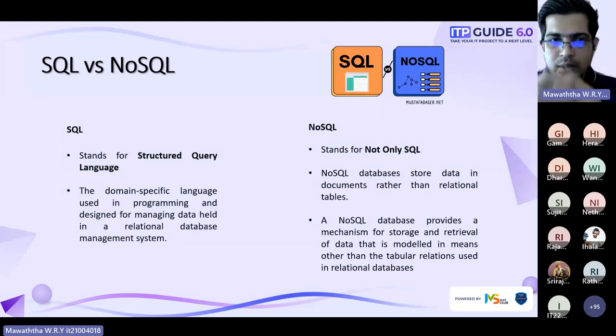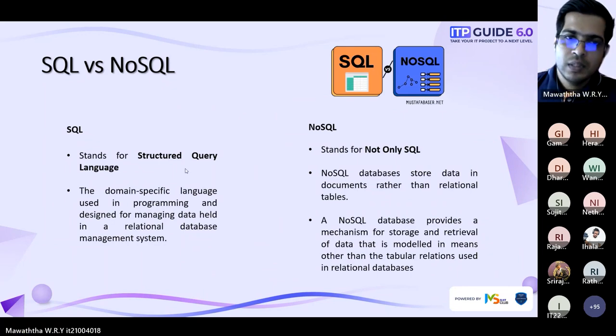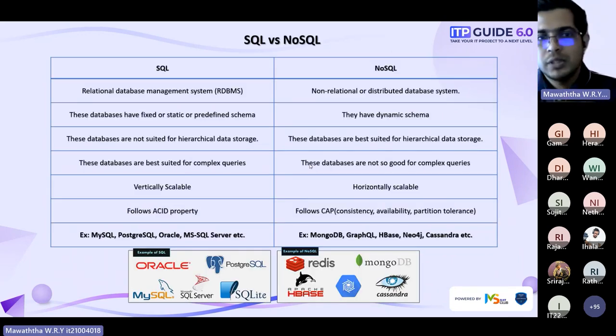The main difference between SQL and NoSQL databases is that SQL databases behave as relational databases, and NoSQL databases behave as non-relational databases. There are some other differences as well. SQL databases contain fixed, static, or predefined schemas, and NoSQL databases contain dynamic schemas.